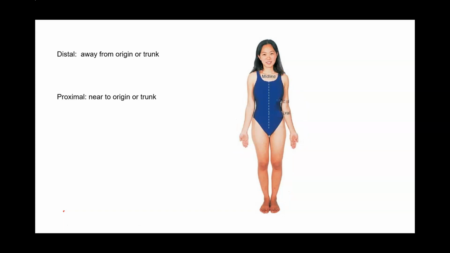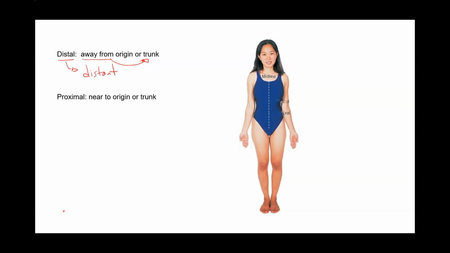Okay? So distal and proximal are used on the limbs, and in this sense, the word distal means away from the trunk. Right? In other words, away from the torso. Think of the word distal as having the same root word as distant.